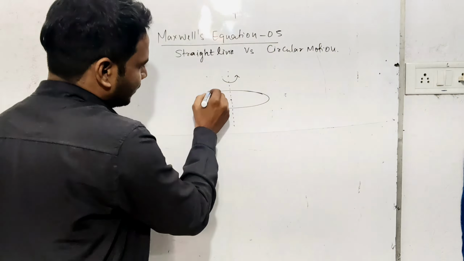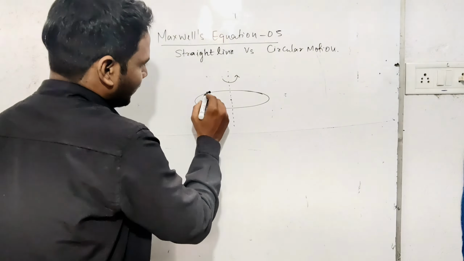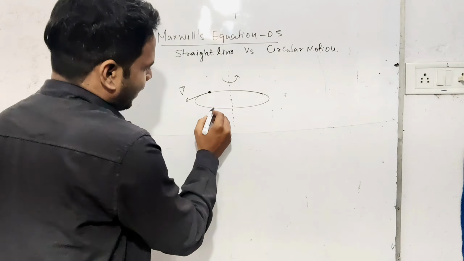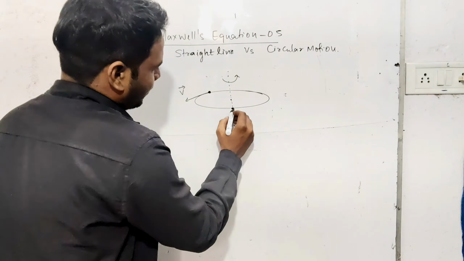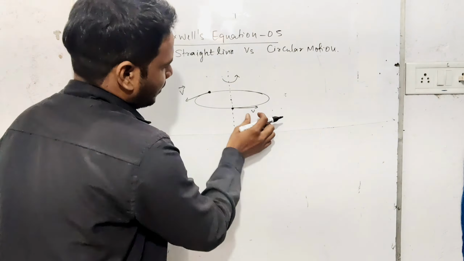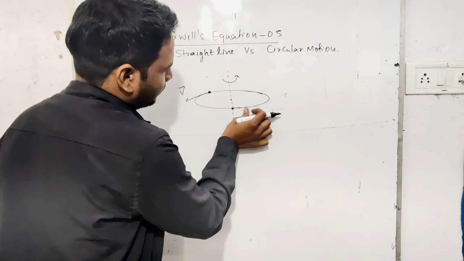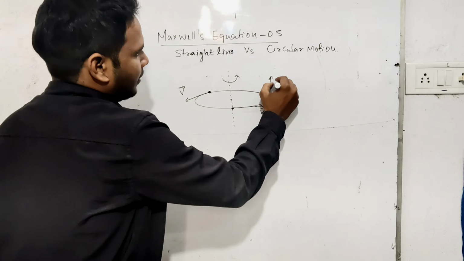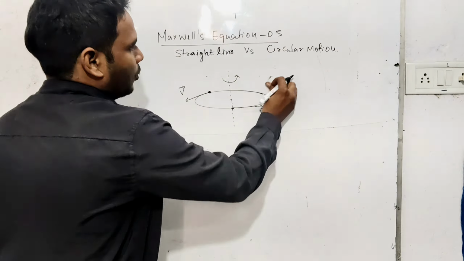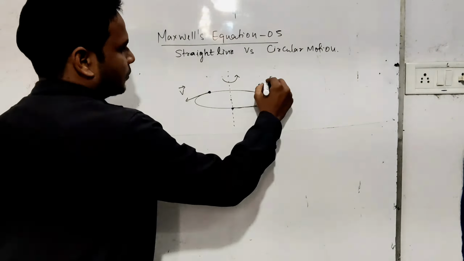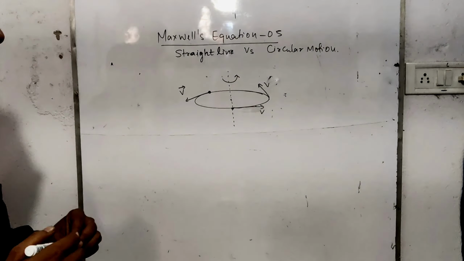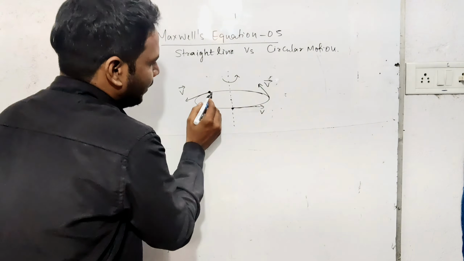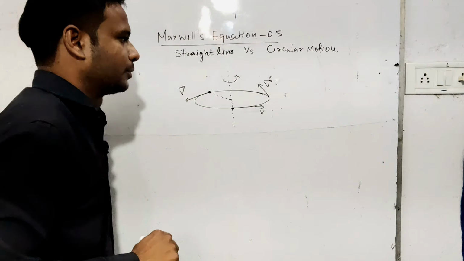If the object is here at some time, its velocity is in this direction, and if the object is here, the direction of velocity is this. Similarly, in the inward direction for this part. So the velocity changes at each and every point during this motion.